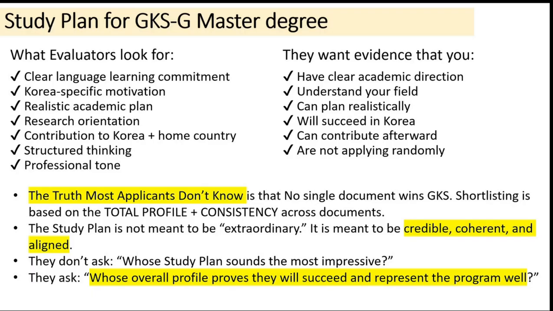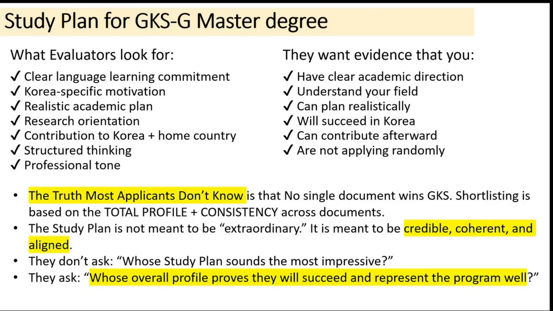So you need not write flowery English or write something out of this world as your study plan to impress the evaluators. They are not going to be impressed with that. They will see the genuineness of the study plan and whether it is realistic and feasible or not. So they will be seeing your credibility, coherence, and alignment. They don't ask whose study plan sounds the most impressive.